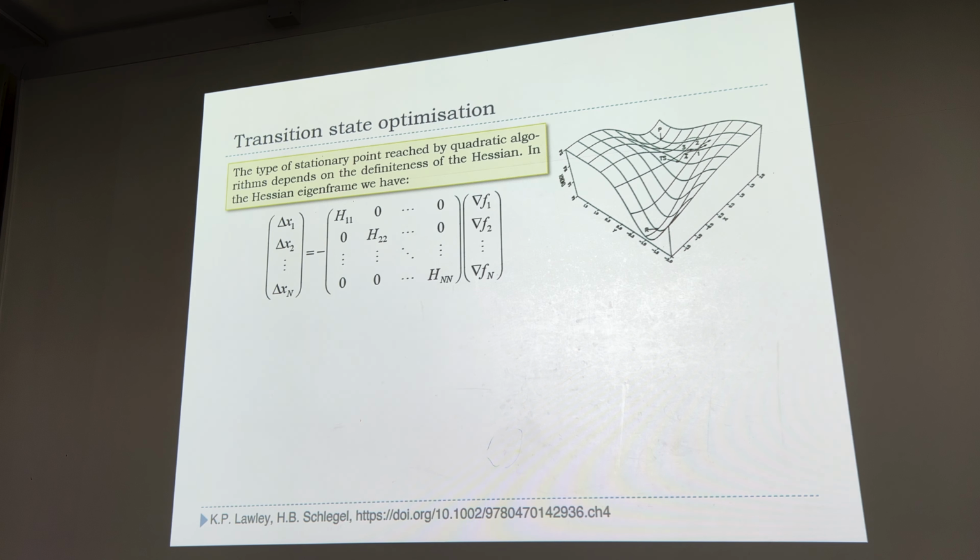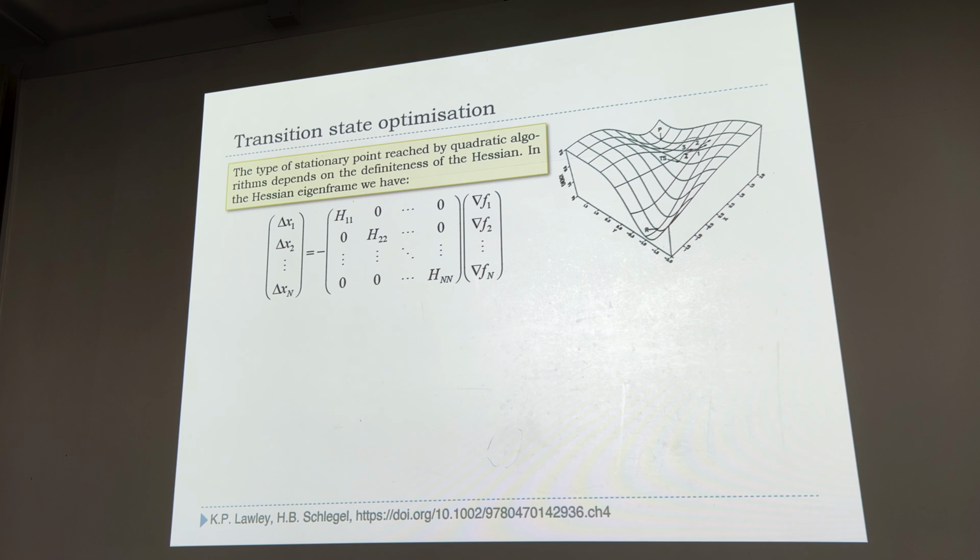And if we have a minimum, then that number would be positive, and so delta x will step in the negative direction of the gradient, and so that minimum will be refined. However, if that number is negative, so we are close to a maximum with respect to that particular coordinate, it would cancel with this minus, and so the step will be made in the positive direction of the gradient, meaning further uphill.